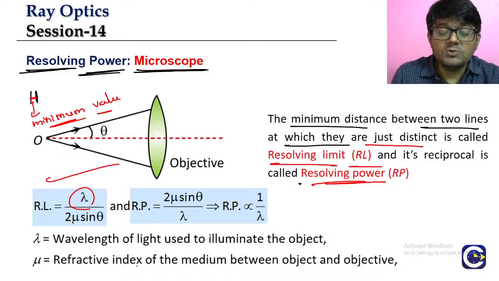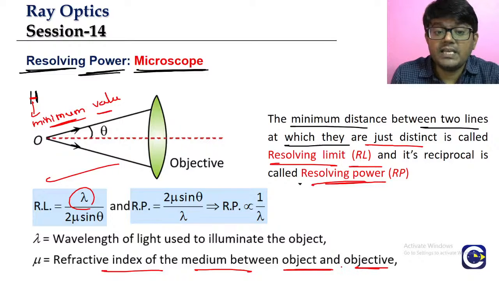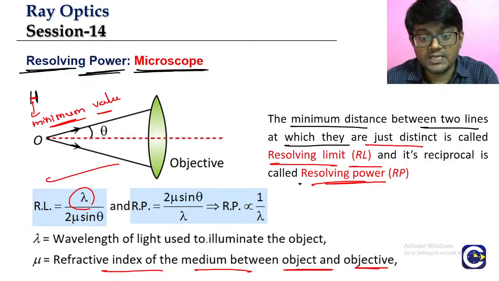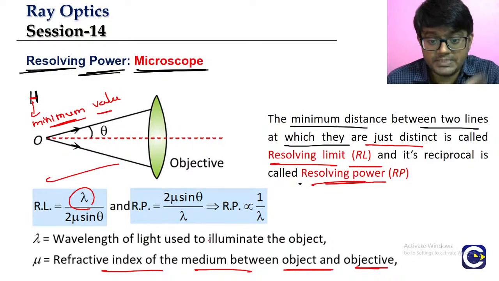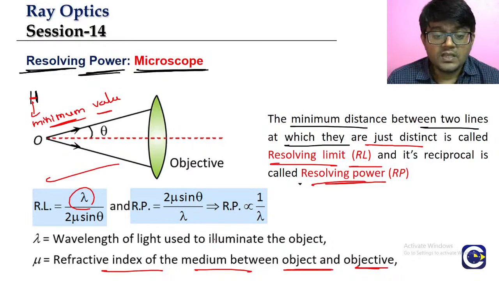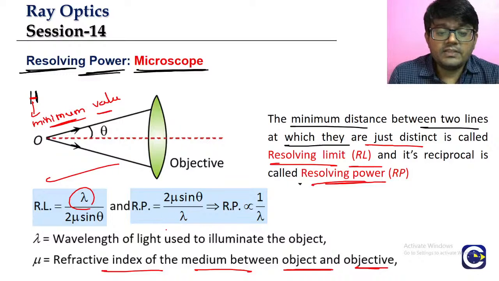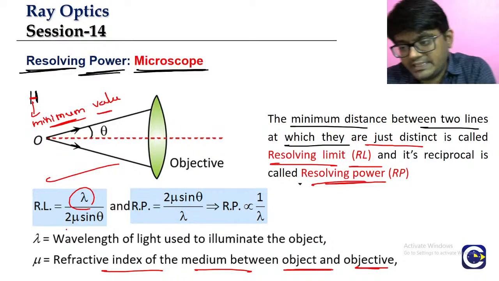What is this mu? Mu is the refractive index of the medium between the object and the objective. And the formula is lambda by 2 mu sin theta.